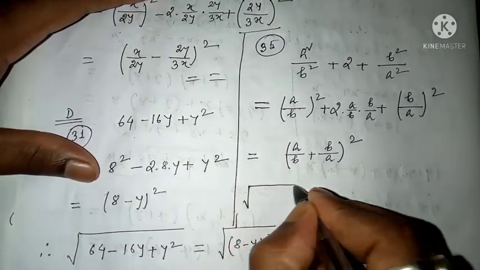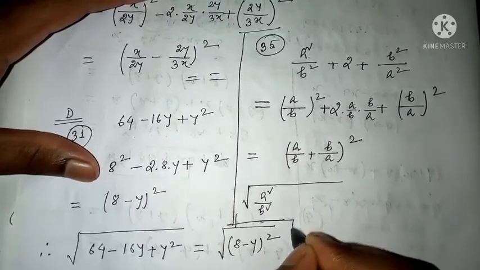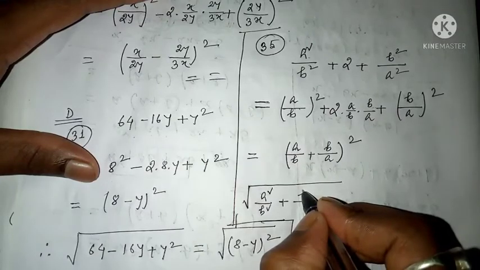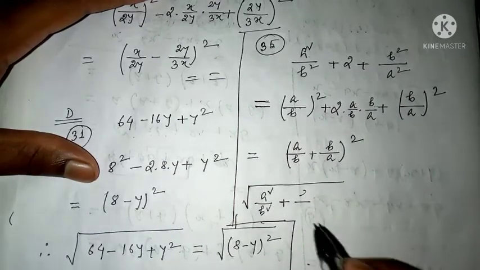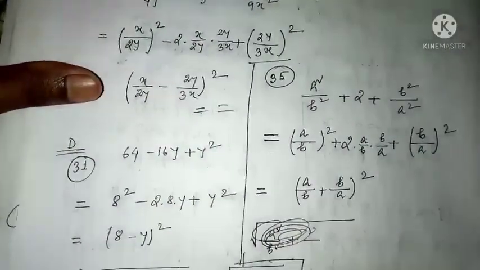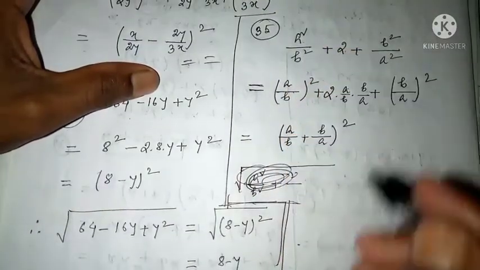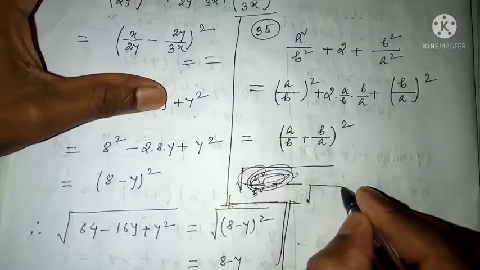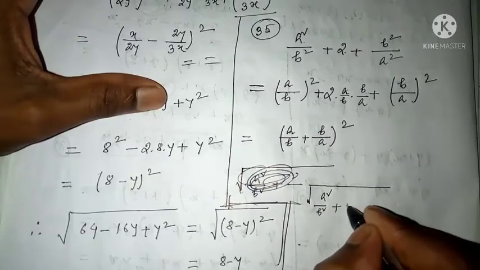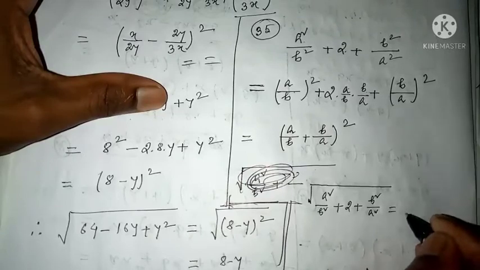So write the square root under that, that is a square by b square plus 2 plus b square by a square, under root. See, this part I am solving. The remaining part you can see here.